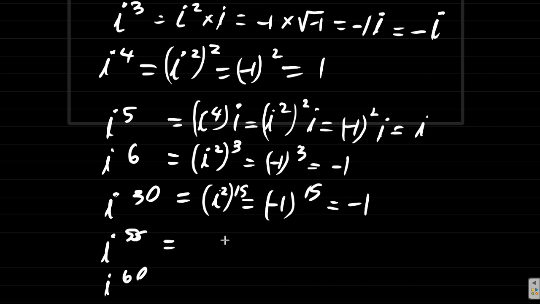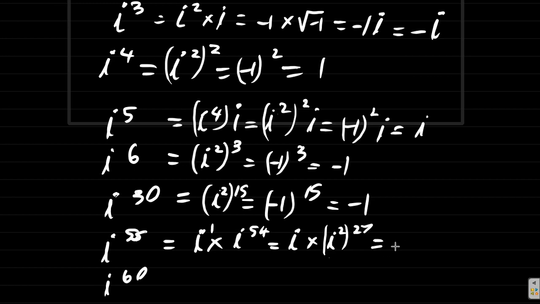What about i to the 55? Interesting. i to the 55 is i times i to the 54, because I want an even power on one side so that I can say it is i squared to that power. i to the 1 is i, so it's i times what? i to the 54 is i squared to the power of half of 54, which is 27.